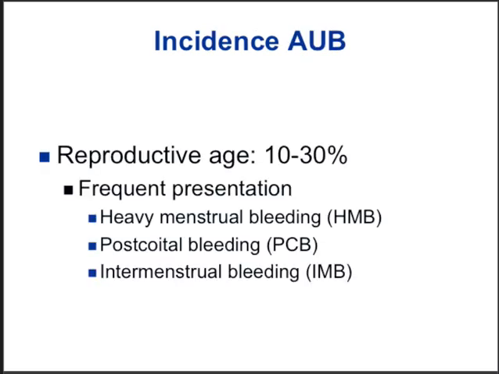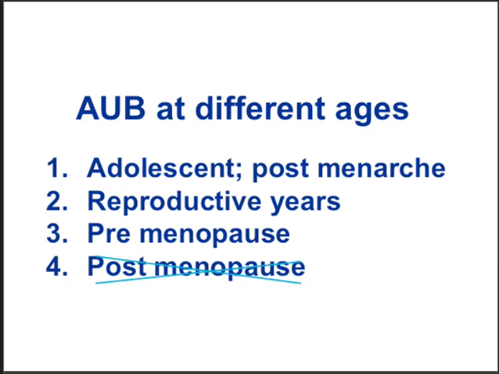The incidence of abnormal uterine bleeding in the reproductive age: roughly 10 to 30% of women have at least one occasion of abnormal uterine bleeding. So it's a frequent presentation, not only in general practice, but quite a frequent presentation as well in gynecological practice. We discern heavy menstrual bleeding, HMB, postcoital or instrumental bleeding, and intermenstrual bleeding as the most common phenomena.